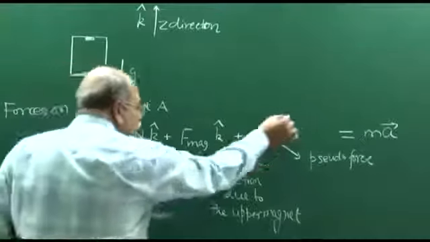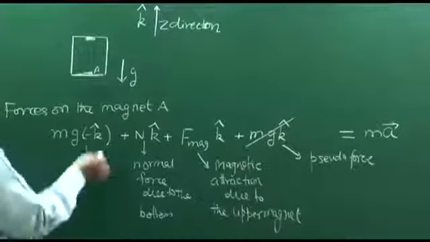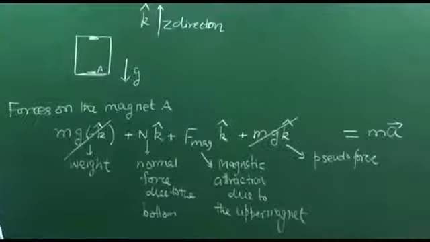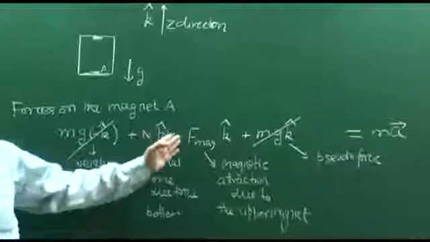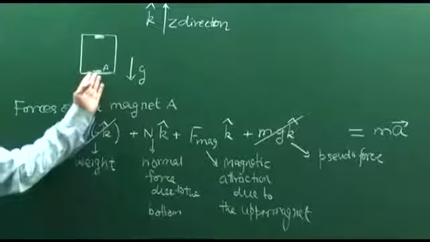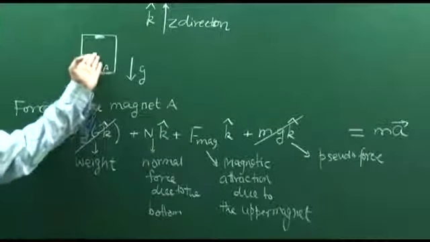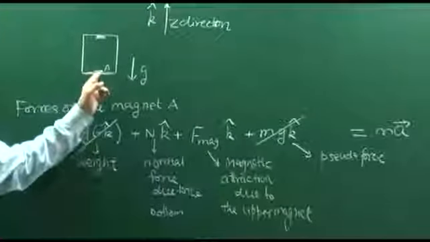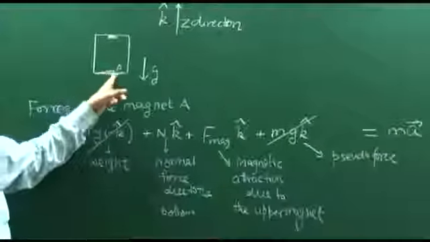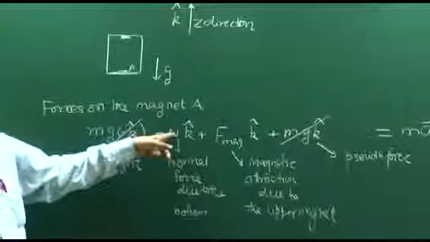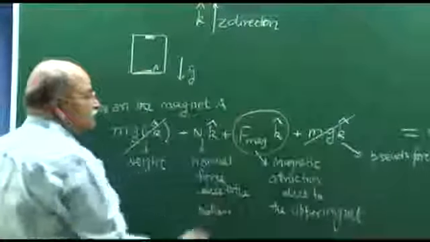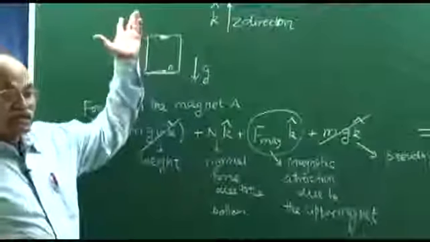Now, you can see that the pseudo force in this case cancels with the weight, and then you have only these forces, normal force and magnetic force, and both are upward, and therefore this magnet should accelerate in the upward direction. As it goes slightly up, this contact here is broken and then this N also becomes 0. So it moves only under this magnetic attraction, which is upward.